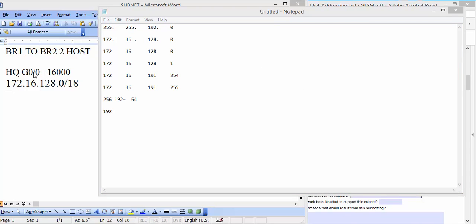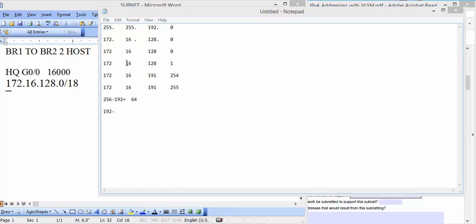So for HQ gigabit 0/0 with 16,000 hosts, our network is going to be 172.16.128.0, our first host is going to be 172.16.128.1, our last host is going to be 172.16.191.254, and the broadcast address is 172.16.191.255.